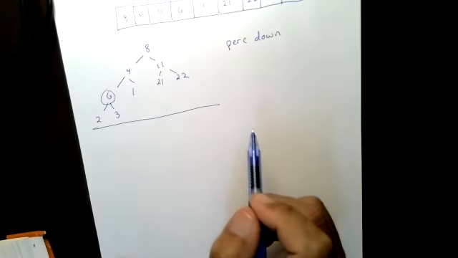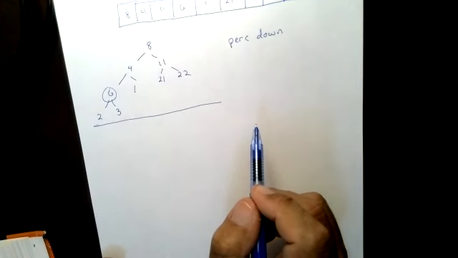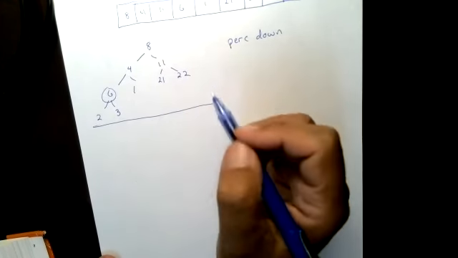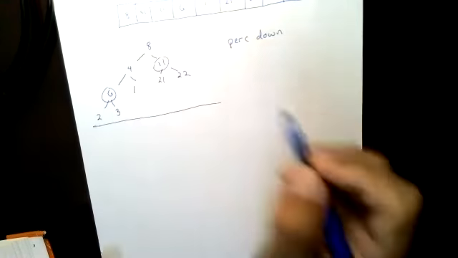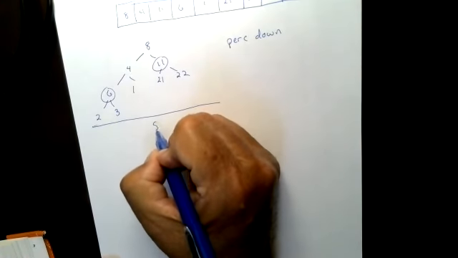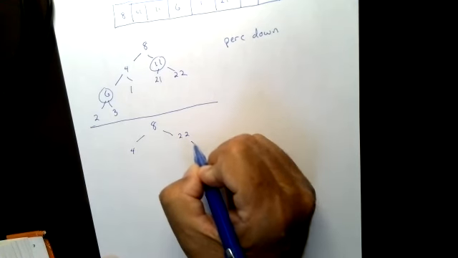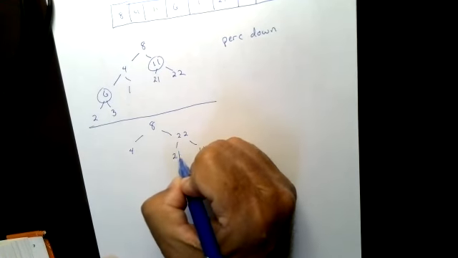Starting at the 6. I don't have to percolate down. Nice. The 11, I do have to percolate down. 8, 4, 22. That became 11.